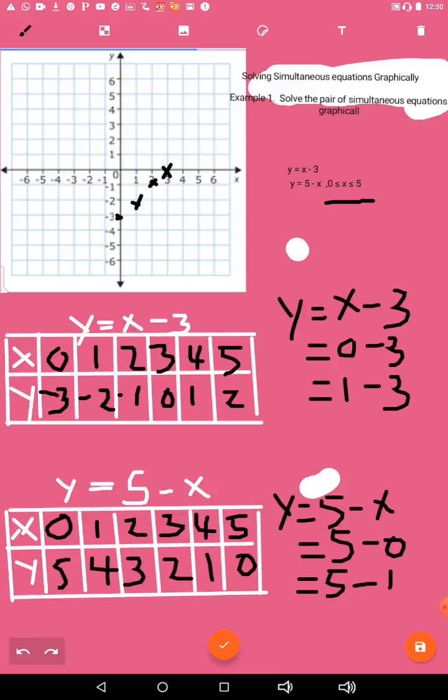Next point is 4 on x and 1 on y. So we're going 4 to the right and 1 place up. Alright, the next point is 5 on x and 2 on y.